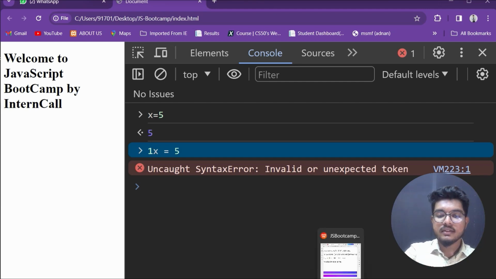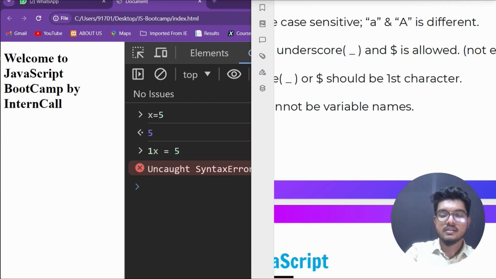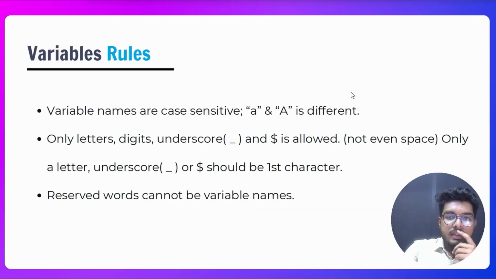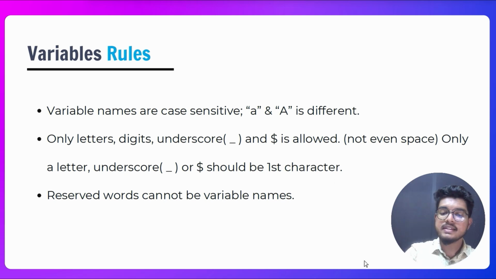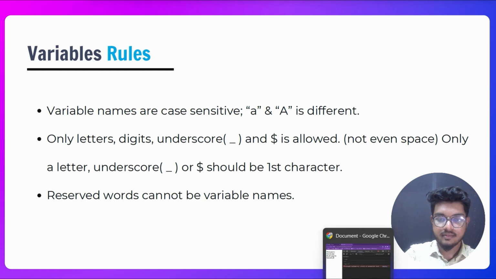If you see the slides which we have discussed, here you can see only a letter, underscore or dollar should be the first character, which means we have created 1x, but the first character is a number, so it is giving a syntax error. Clear? Let's see how we can solve this.